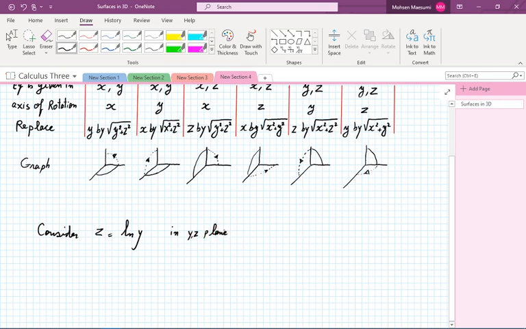And suppose this is taken and rotated around the z-axis. So we take this thing and rotate around the z-axis. The question is, describe the resulting surface and give the formula. What's the equation of the resulting surface?